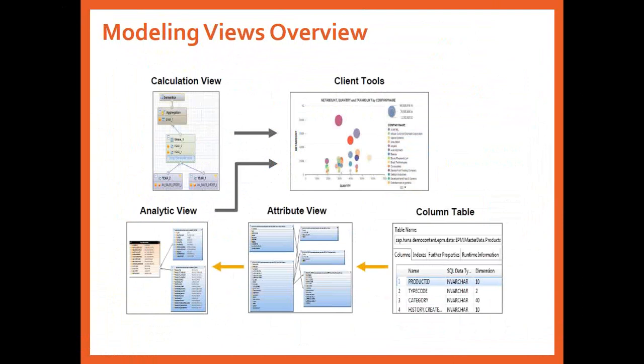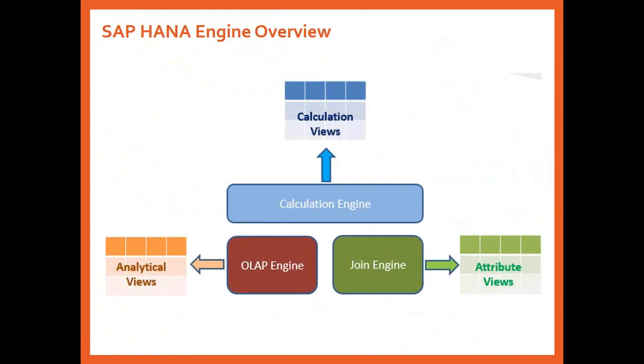Attribute view works on the join engine. Analytical view works on an OLAP engine. Calculation view is used for complex scenarios. While creating an attribute view, you can combine two or more tables with common keys.